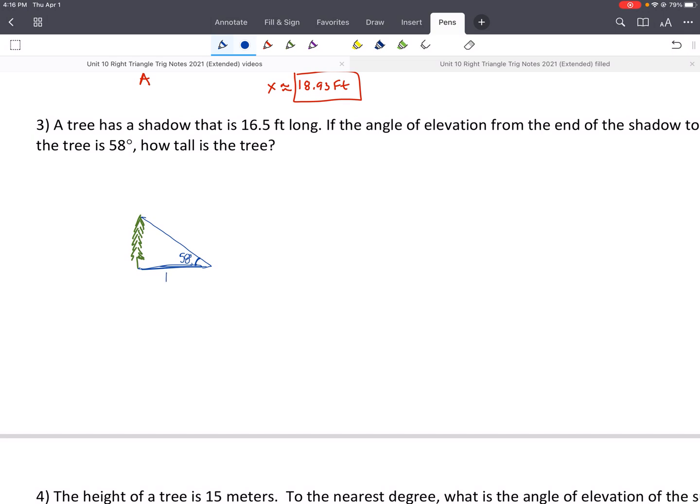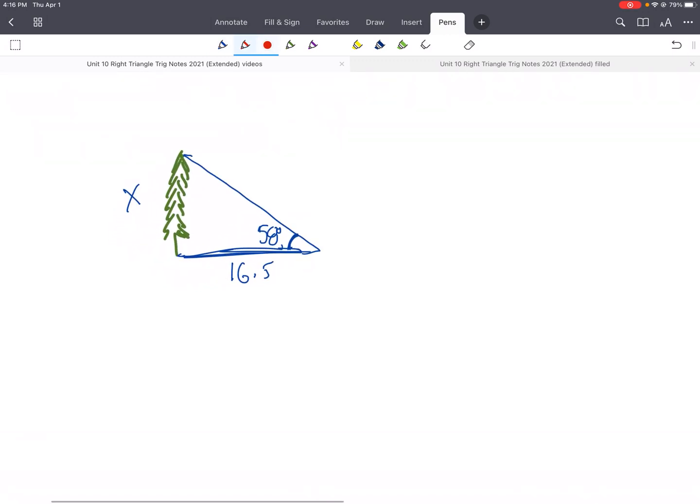And the shadow, it said, was 16.5 feet. How tall is that tree? Okay, so we'll label, that's our opposite and our adjacent. So we'd use tangent, our TOA for SOHCAHTOA. So tangent of 58 is equal to opposite over adjacent.